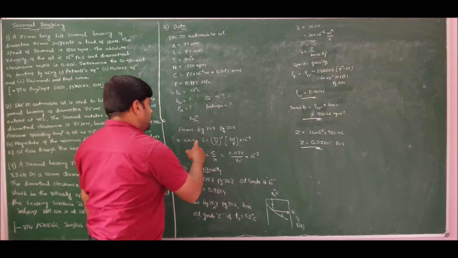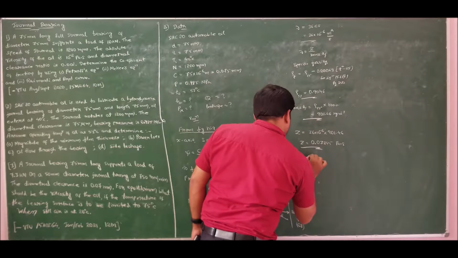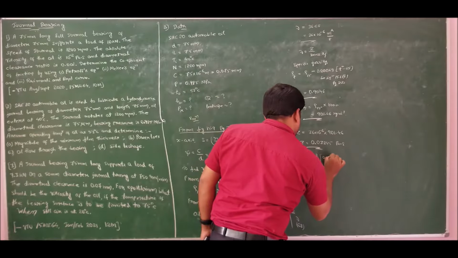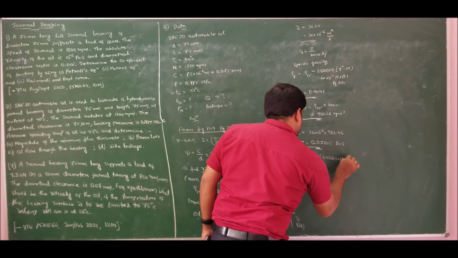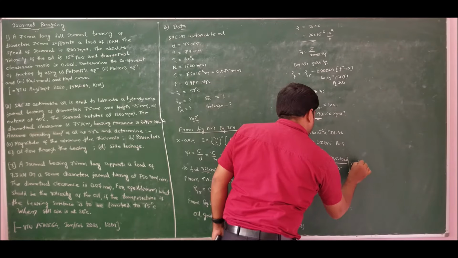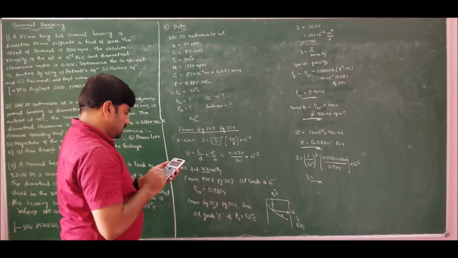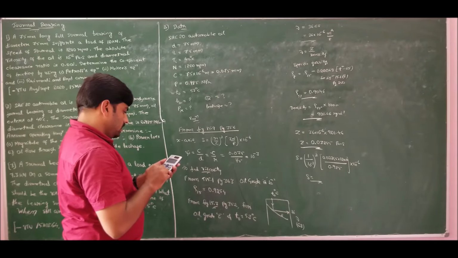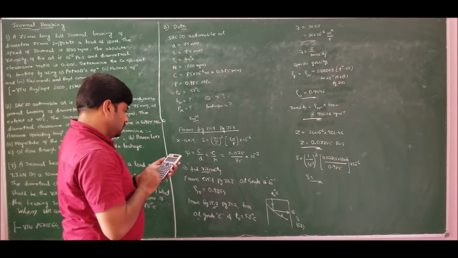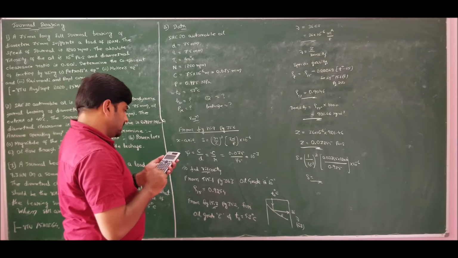Hence we know all the values. So the Sommerfeld number will be 1 by (10 to the power of minus 3) whole squared, multiplied by 0.03245 into 1200 divided by the pressure, which is given as 0.985 into 10 to the power of minus 6.